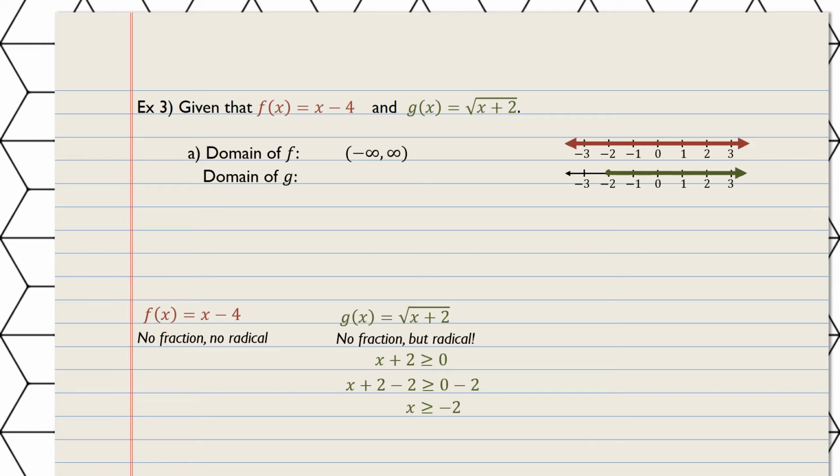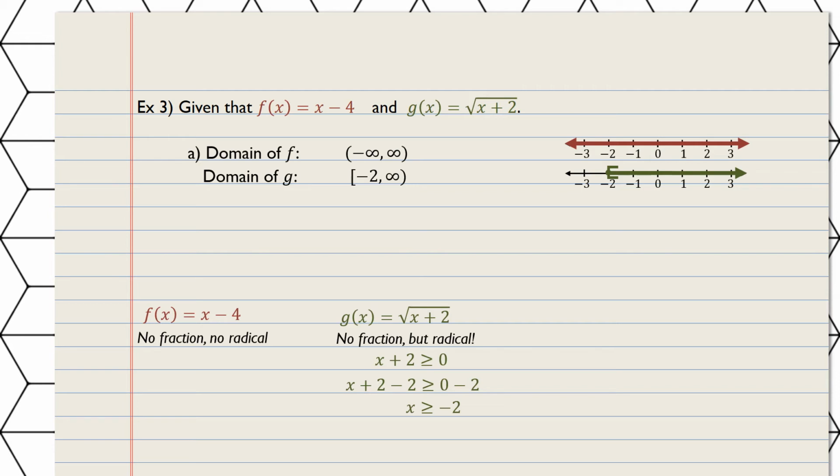Now, do we include negative 2? Yes, because it said x is greater than or equal to, that means we do include negative 2, which means you will have a bracket. And so now that we can see our domain, we're ready to write it in interval notation, which would be negative 2 to infinity. Make sure negative 2 has a bracket.